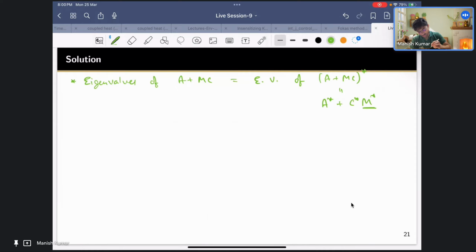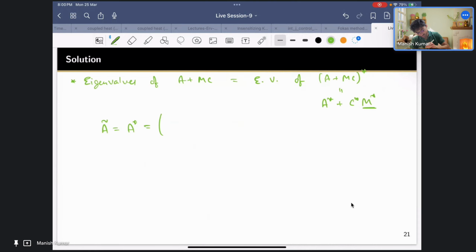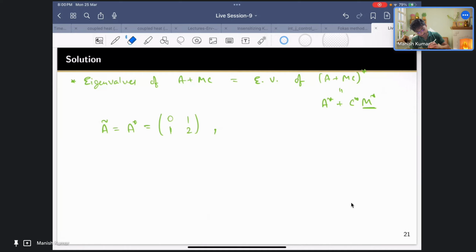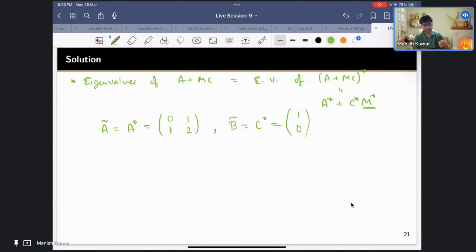Let us say this A tilde is A star, and what is that? A star is 0 1 1 2, and your C star, sorry, B tilde, let's write in this fashion, B tilde, which is equal to C star, is 1 0.